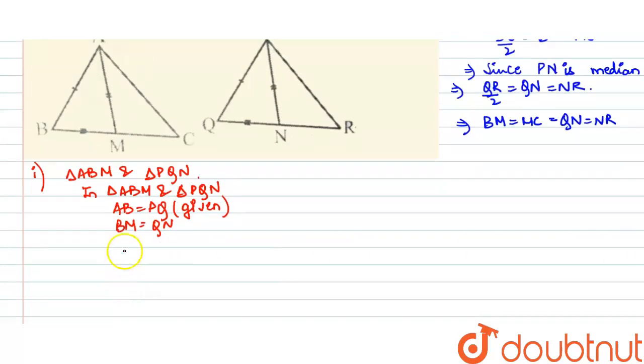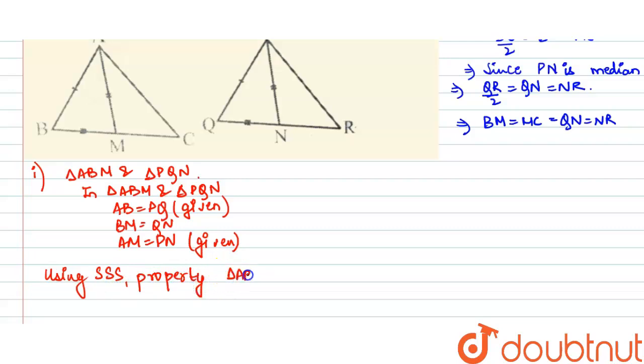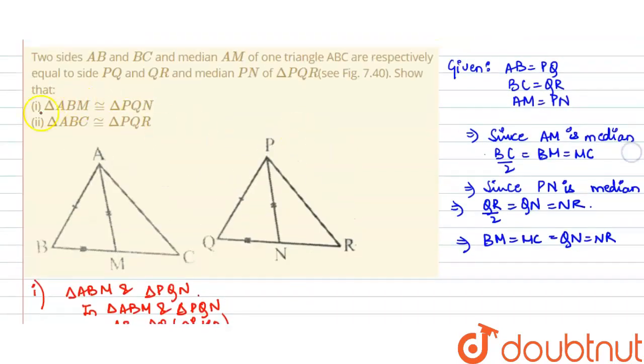And AM is equal to PN. This is also given to us. Therefore, using the side property, triangle ABM is congruent to triangle PQN. So we have proved the first part.